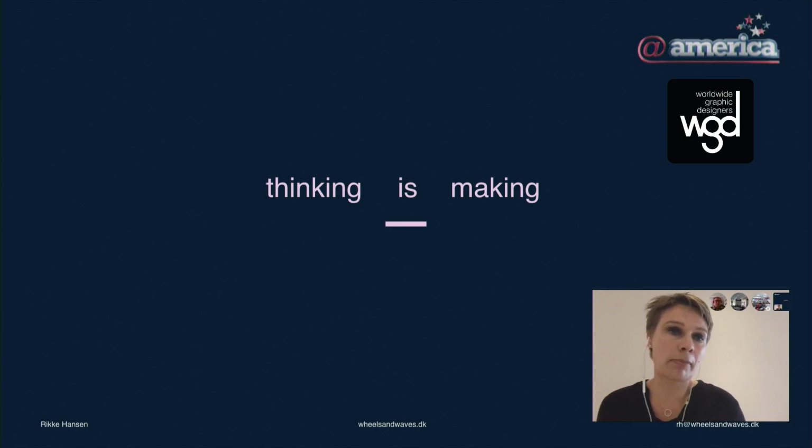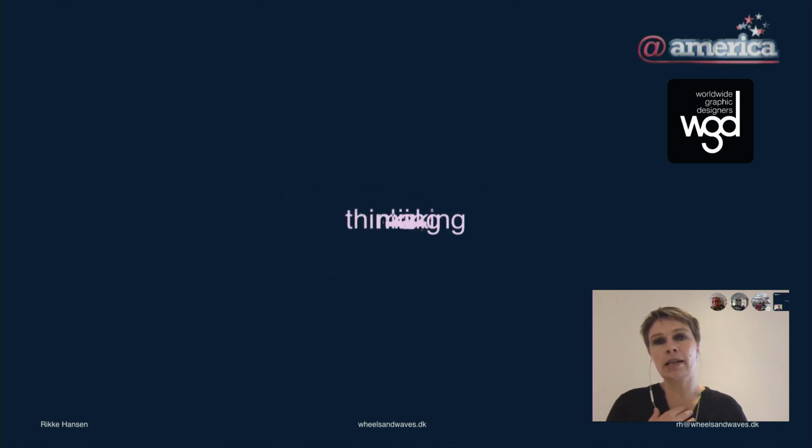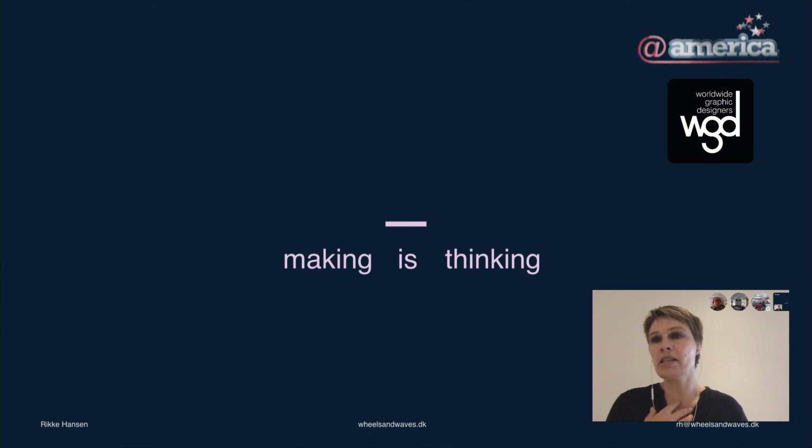So what we're going to talk about is, of course, you can make ideas by thinking and sketching them. But in this exercise, we actually turned this phrase around and said, making is thinking. You can also get ideas by making things.